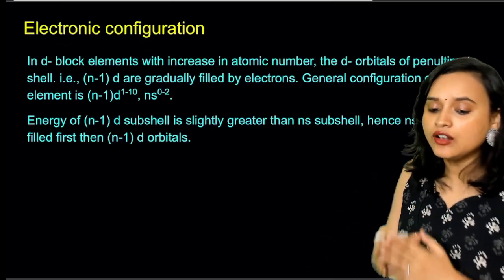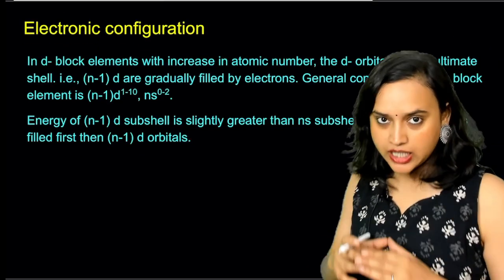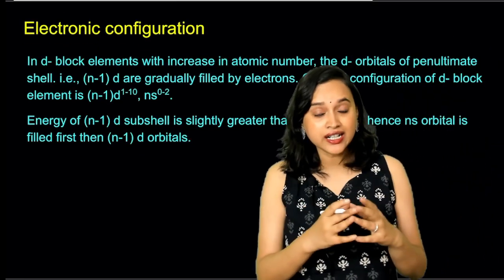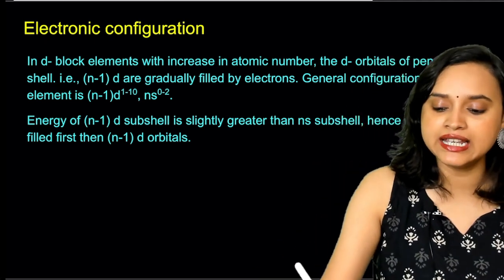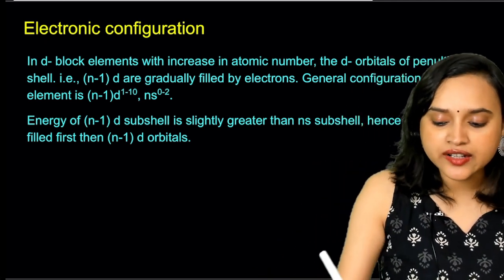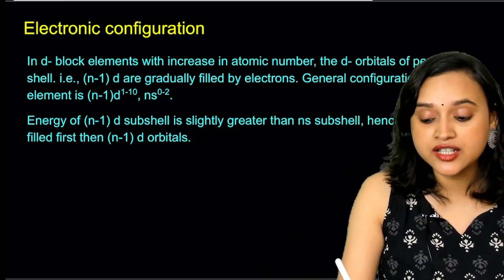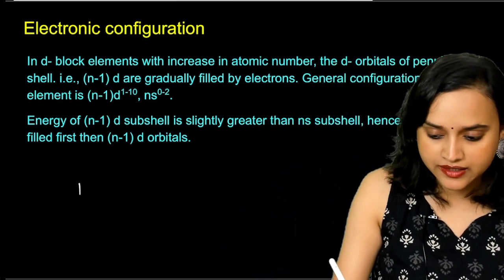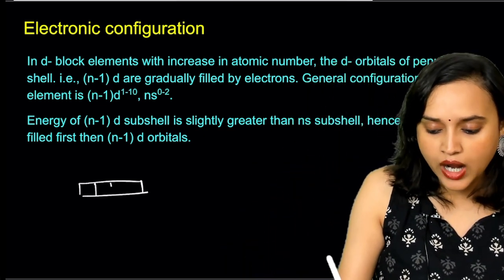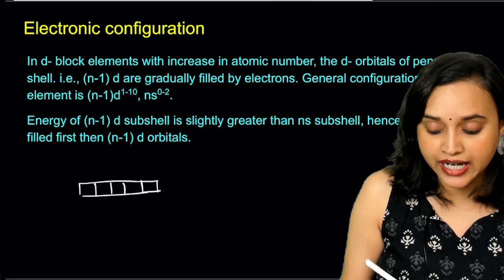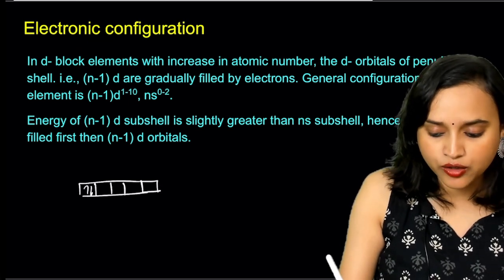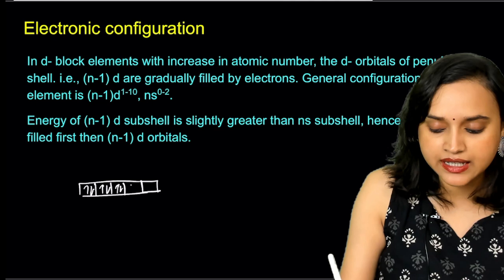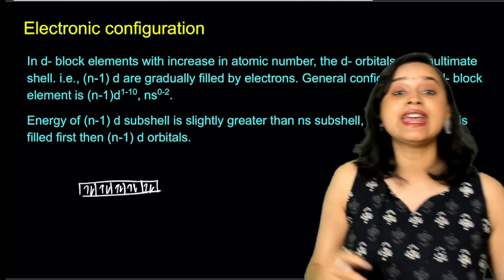Now let's come to the electronic configuration. The general electronic configuration, everybody, is as you can see: (n-1)d1 to 10 ns0 to 2. How do you draw the d orbitals? You draw them like this: 1, 2, 3, 4 and 5. In these you can hold 10 electrons.